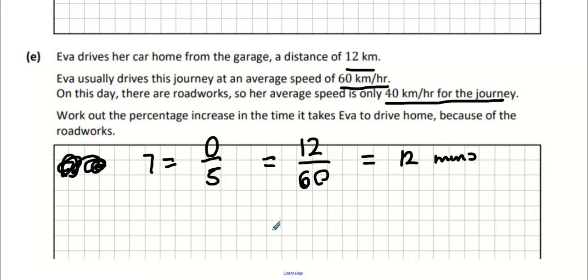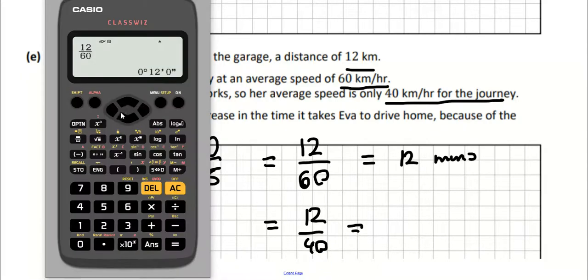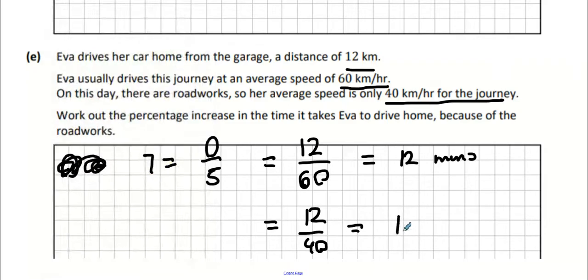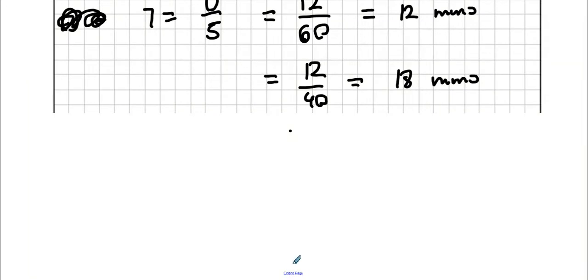Okay. The next time she does it at 40, so it's going to be 12 divided by 40 instead, which is 3/10 of an hour, which is 18 minutes. Okay, so it took her 6 minutes longer.